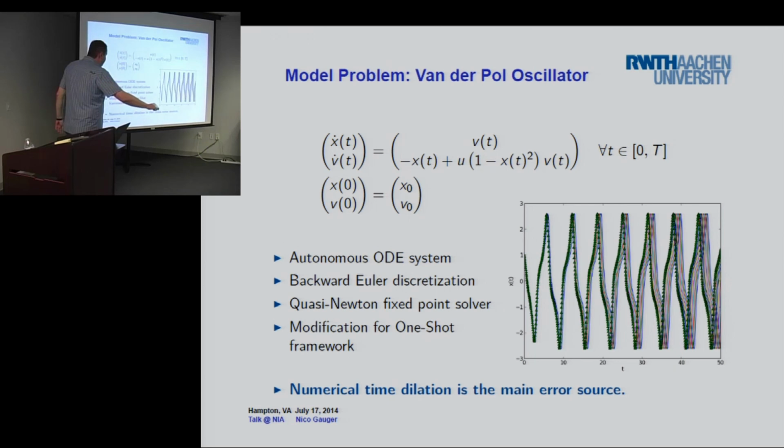What you see is, qualitatively, the solution is quite nice from the first step on, but quantitatively it is not. I have this so-called numerical time dilation. So in the first iterate, the longer I go along the physical time trajectory, the farther off I am. I'm having a time shift in the numerical approximation.